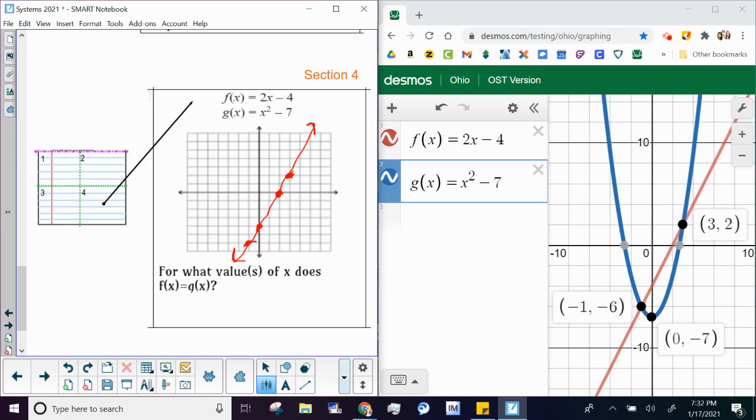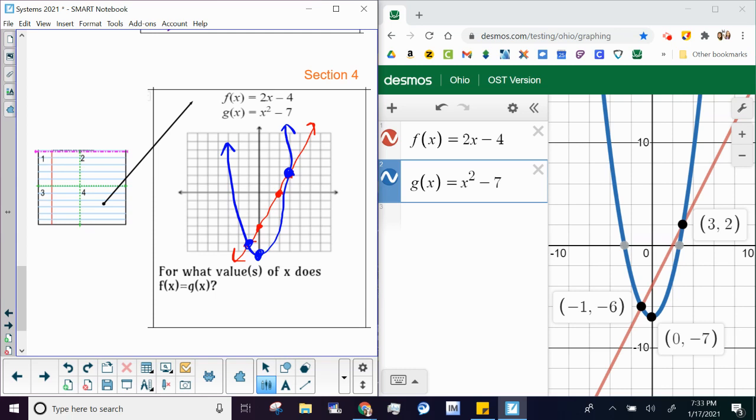This one I had already graphed. Here's 0, negative 7. And then I've got 3, 2. And I'm going to draw this as the U shape. That's called a parabola. We're going to be studying them a lot this semester.